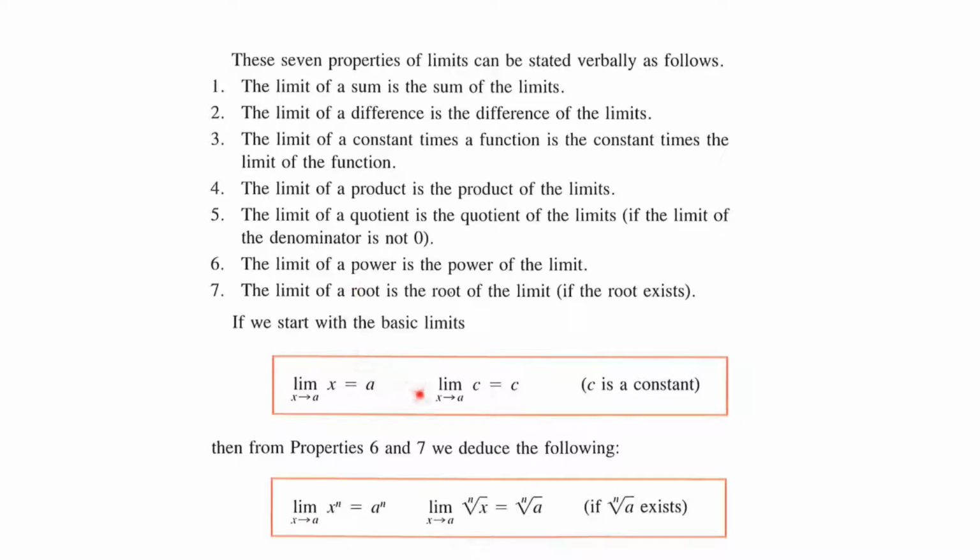From 6 and 7, we can conclude the limit of x to the n as x approaches a is a to the power of n, and the limit of the nth root of x as x approaches a is the nth root of a if the nth root of a exists.